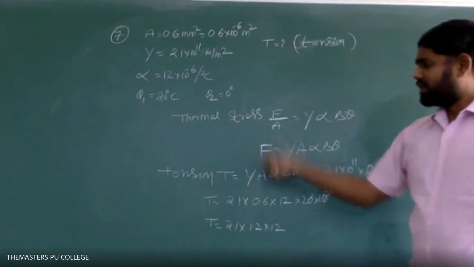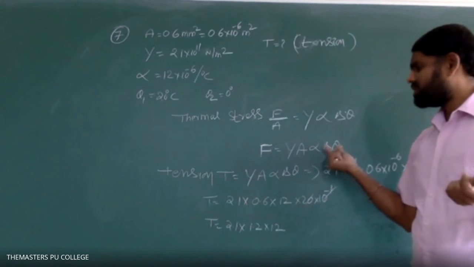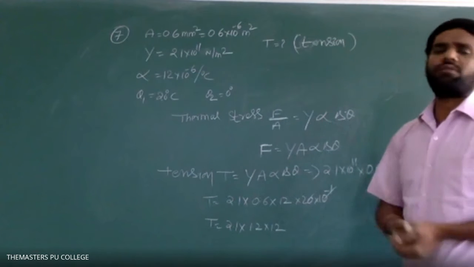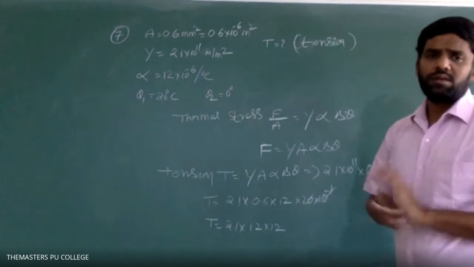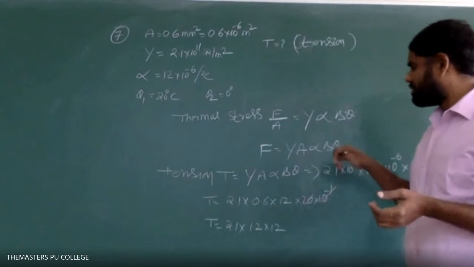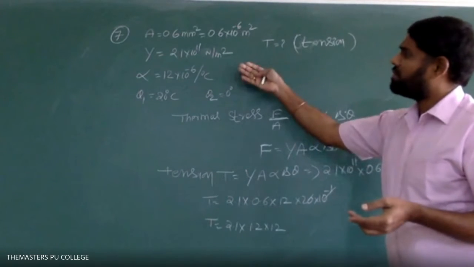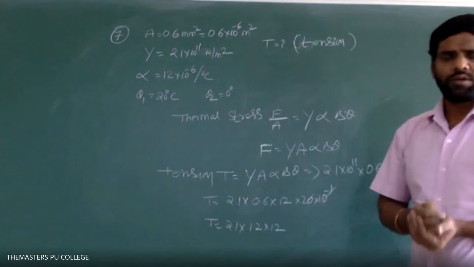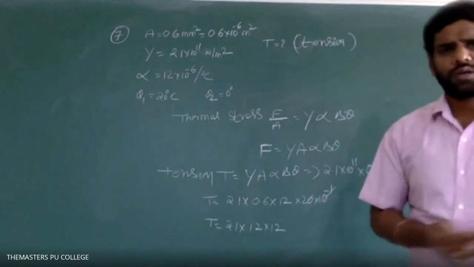I am confined to the magnitude, that's why I will focus on the magnitude of the temperature difference. I will never bother about the sign of the temperature, whether it is positive or negative. It doesn't have any importance here. In some problems, we need to give it importance as well. When we need to give the importance, that depends upon the data application, with what data they have given. Got it?